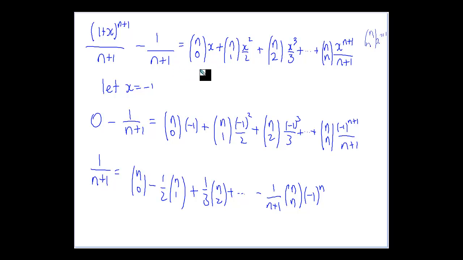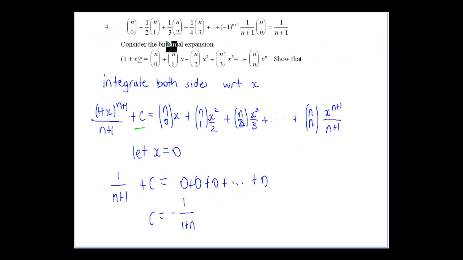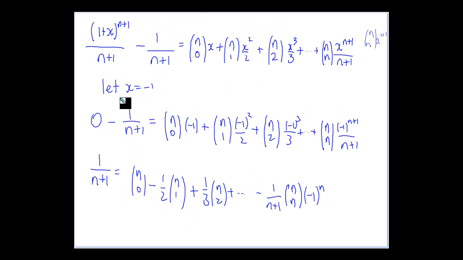So in this case, if we want to look at what we had before and what we need to find, notice we got a negative, a positive, a negative. So again, let's put a little bit of a hint to say, well, let x be equal to minus 1, because if we do that, we get 0 from that part. We just get a minus 1 over n plus 1, and then we've got nC0 times minus 1, nC1 times a positive half, nC2 times minus a third.